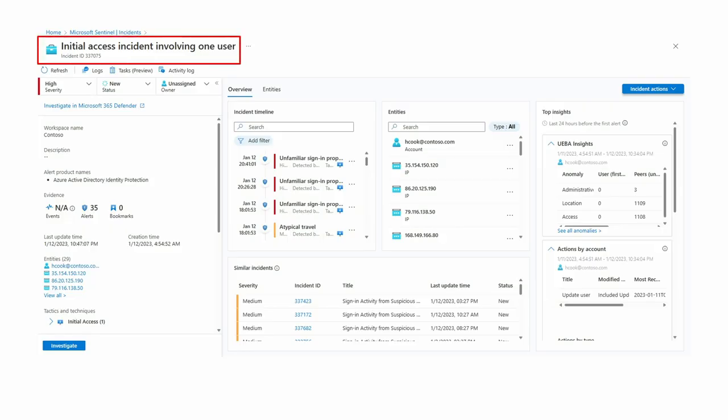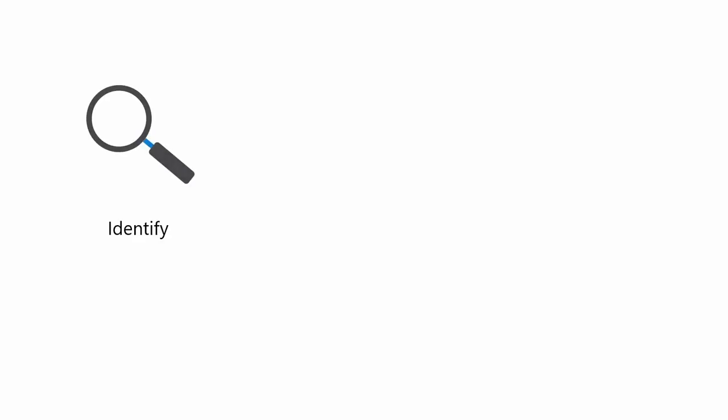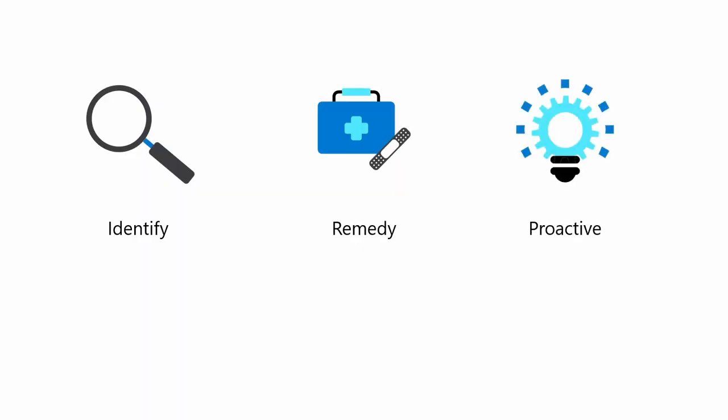It highlights an initial access incident involving one user, and it has been assigned a high severity level. The VAST approach, facilitated by tools like Microsoft Sentinel, helps organizations bolster their overall security posture. It aids in identifying and remedying vulnerabilities, ensuring a proactive approach to cybersecurity.